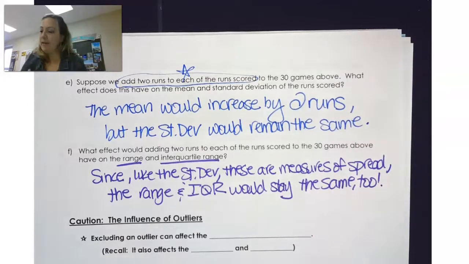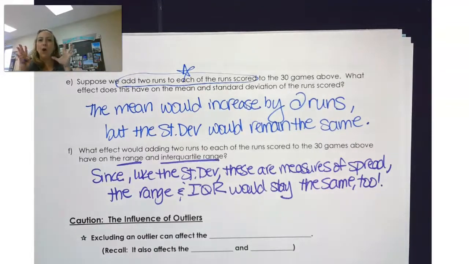Okay. Again, what's happening is that these measures of spread, they're all just shifting by the same amount. So since they're all just shifting by the same amount, the spread isn't changing. The spread is staying the same. Okay?